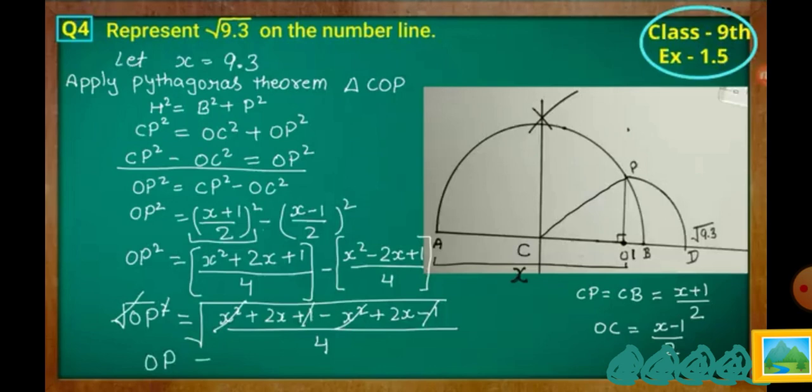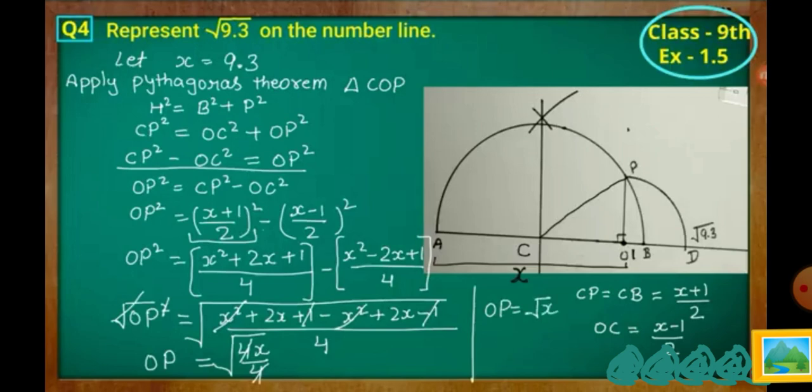So OP is equal to square root of 4x by 4. There 4 and 4 cancelled. So left out is OP is equal to x.